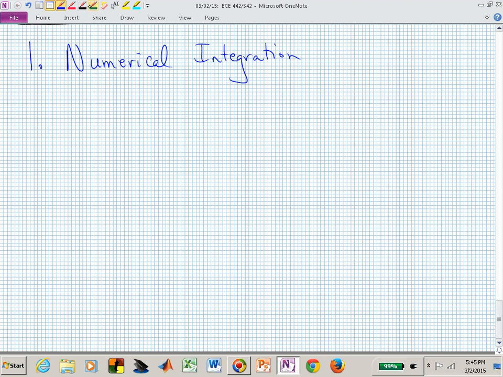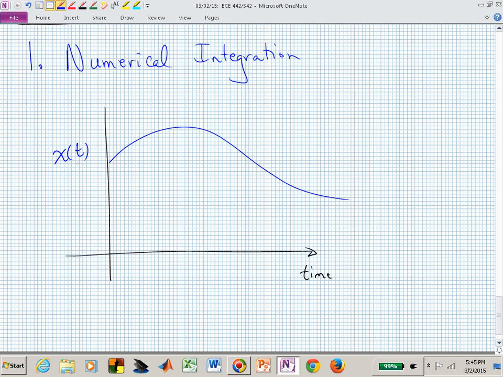Let's sketch a picture of what we're trying to do. Let's say that curve is actually some waveform, x of t, and numerical integration is just what it says it is.